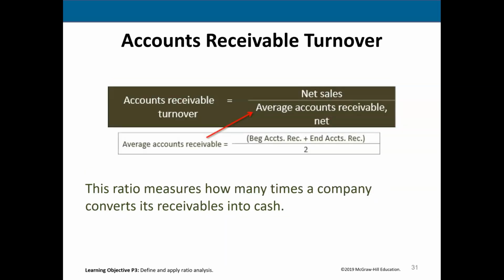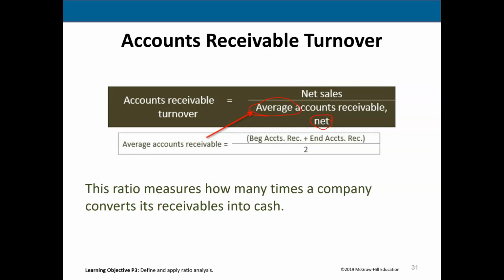Then we have accounts receivable turnover, which is net sales divided by your average accounts receivable. Now, all of these ratios we've seen before in all of the chapters, but now we're going to bring them all together. So you should know or remember from previous chapters that when it says net, and when it says average, you're taking more than one amount.